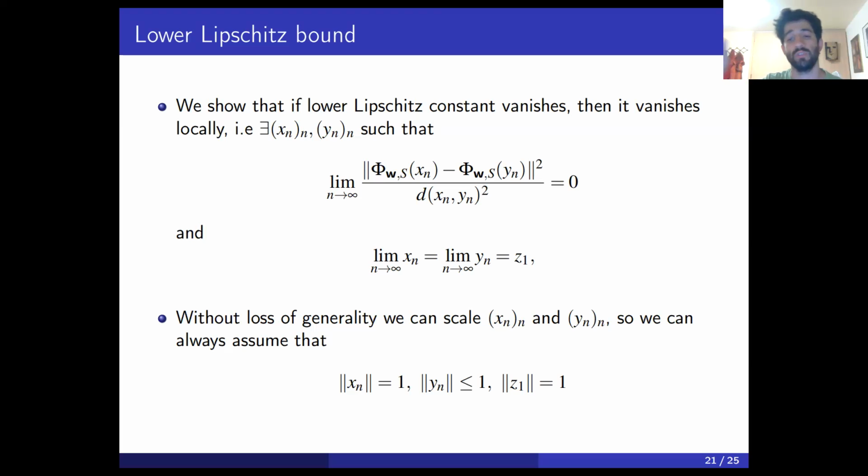If this is not the case, we just interchange xn and yn. And because xn has always norm 1 and converges to a point z1, then also the norm of z1 will be exactly 1. So first we localize our problem, then we scale it so we're in a compact set.